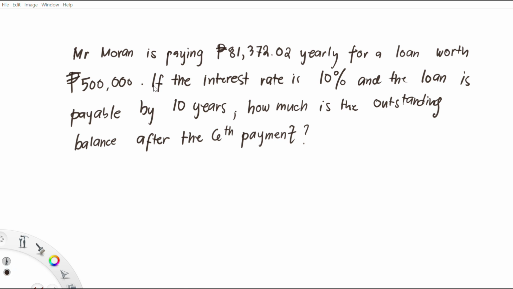So as usual, we write the given values first. We have the regular payment yearly, which is R, 81,372, for a loan that is 500,000.